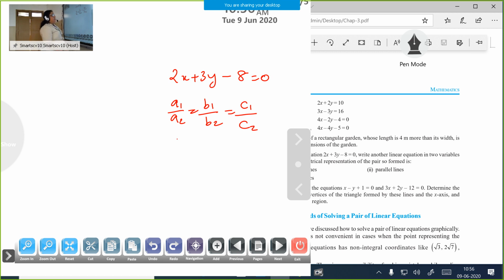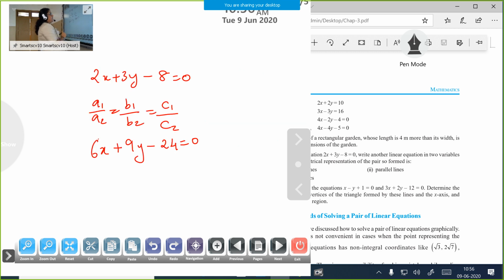Then we can form another equation. Multiply throughout by 3: 6x plus 9y minus 24 is equal to 0. It is equivalent to the first equation, 2x plus 3y minus 8 is equal to 0.